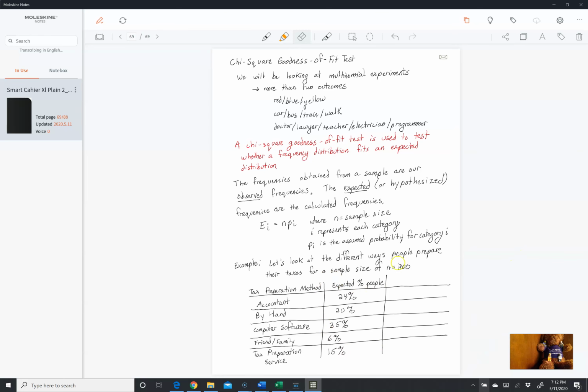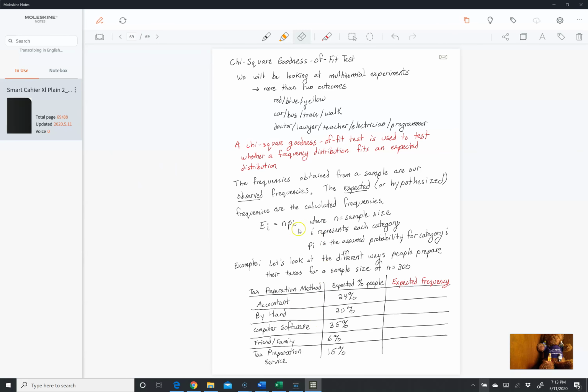So this is the expected percent, but now we need the expected frequency, okay? So how do we figure that out? Well, we're telling you that the sample size is 300. So we want to say, okay, well, if sample size is 300, how many people do we expect to have their taxes prepared by an accountant?